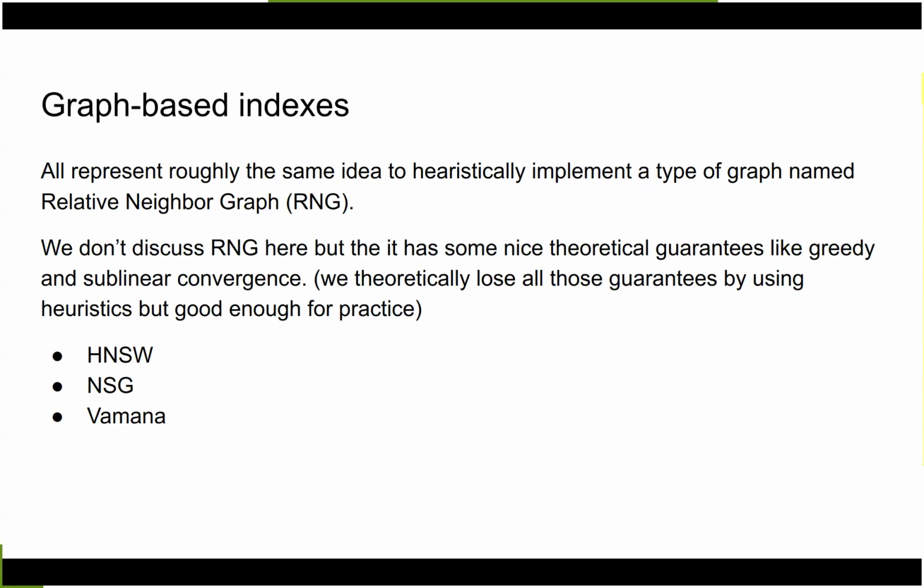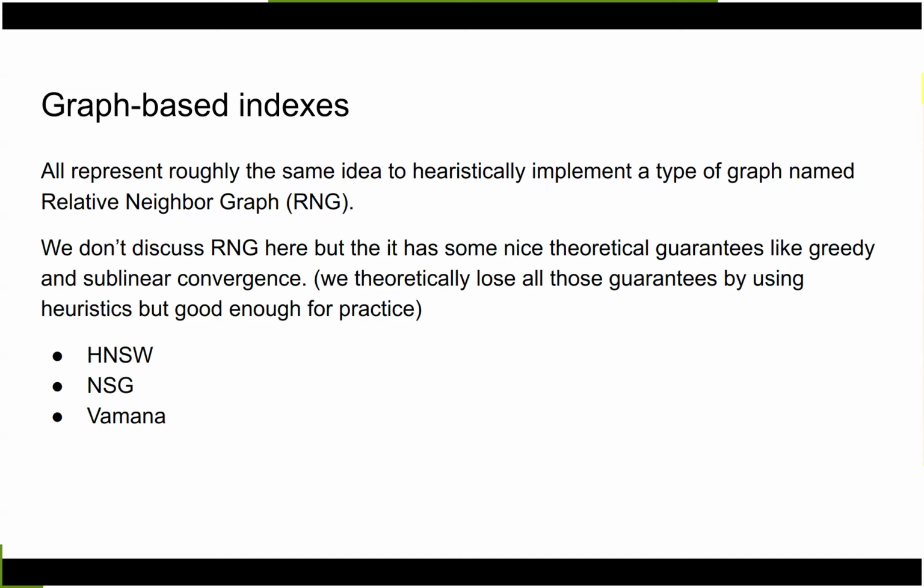Basically, all of the vector indexes that are graph-based try to heuristically construct a more sparser version of RNG and give you a nice graph with high accuracy.